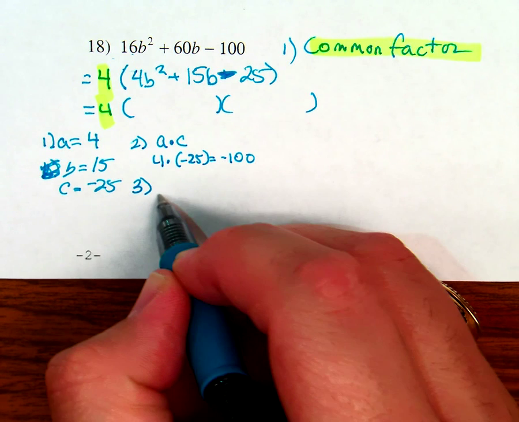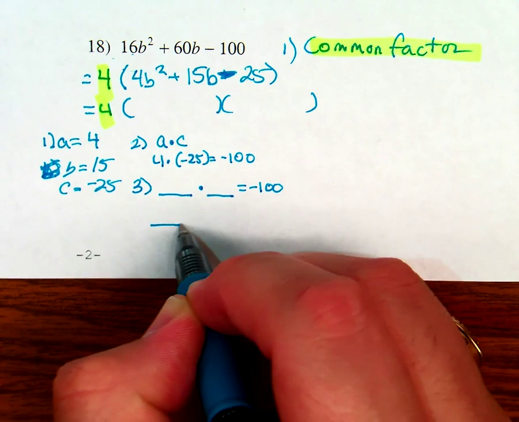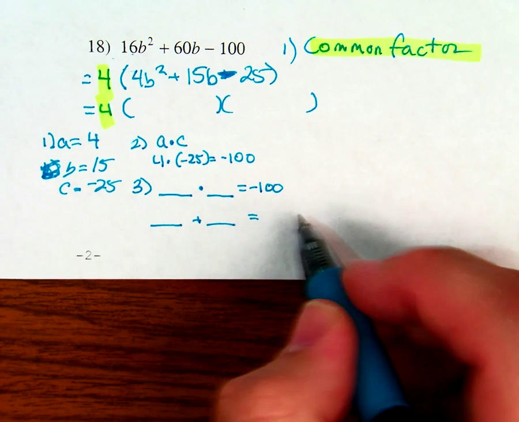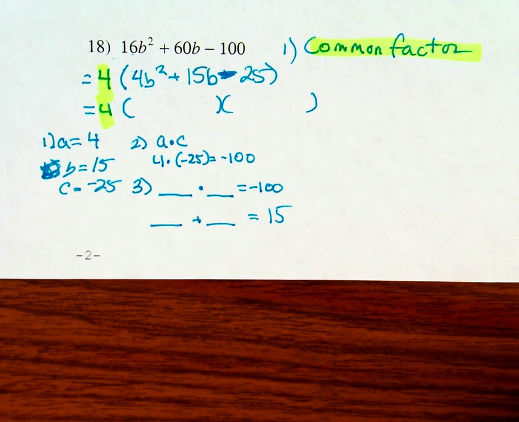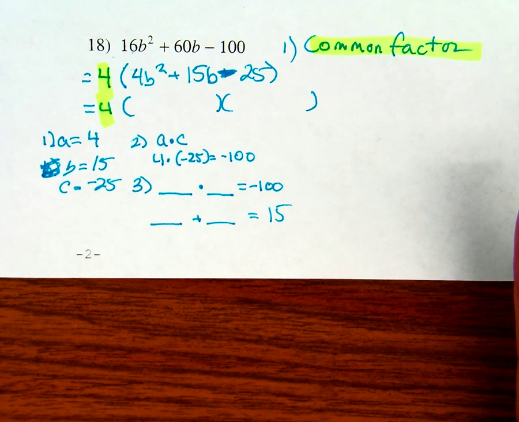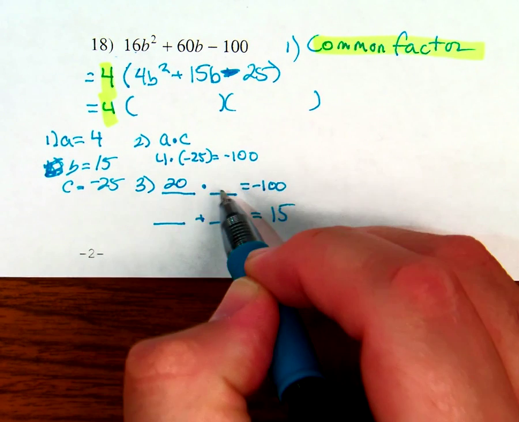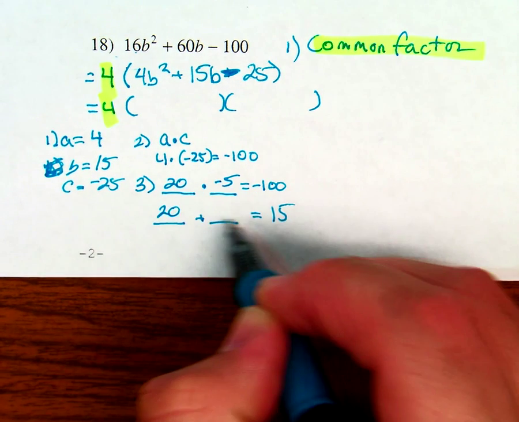So I need 2 numbers that are going to multiply to get negative 100, that when I add them, are going to equal 15. 20 times negative 5? Yeah, 20 and negative 5. I was thinking 25 times 4, but the difference there is 21. So I need something a little bit closer than that. So it would be 20 times a negative 5. 20 plus a negative 5 will get you to 15.